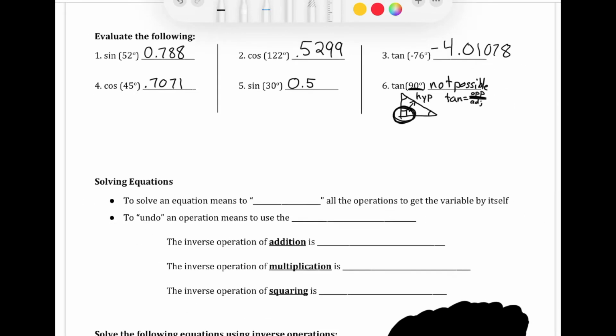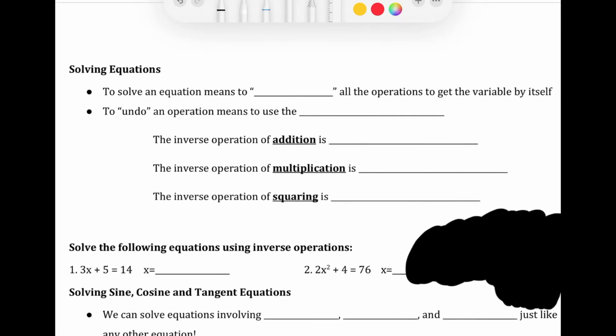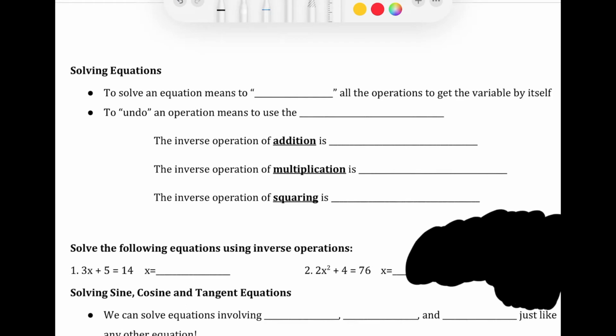So, solving equations. To solve an equation means to simplify all the operations to get the variable by itself. To undo an operation means to use the inverse operation.